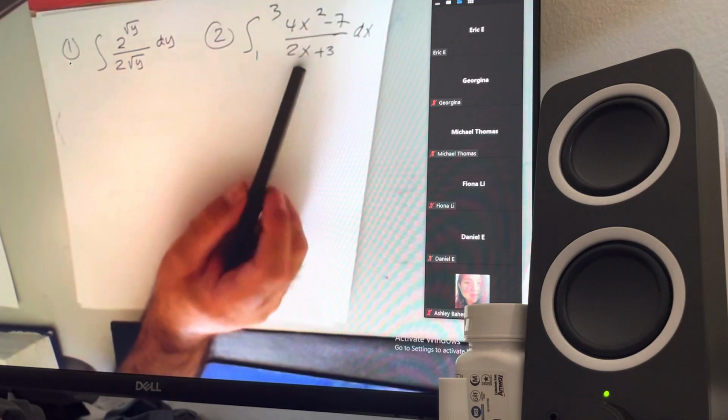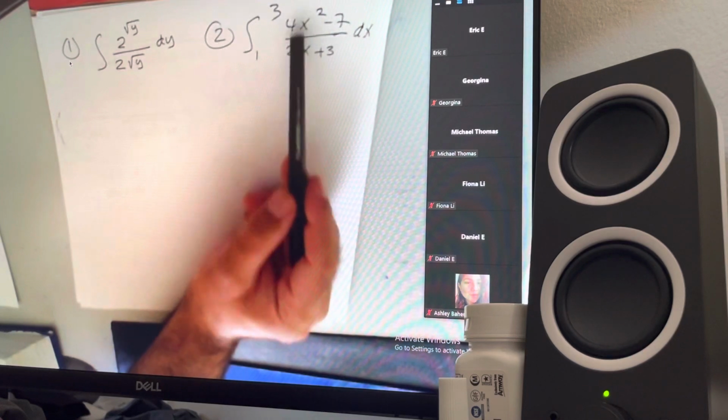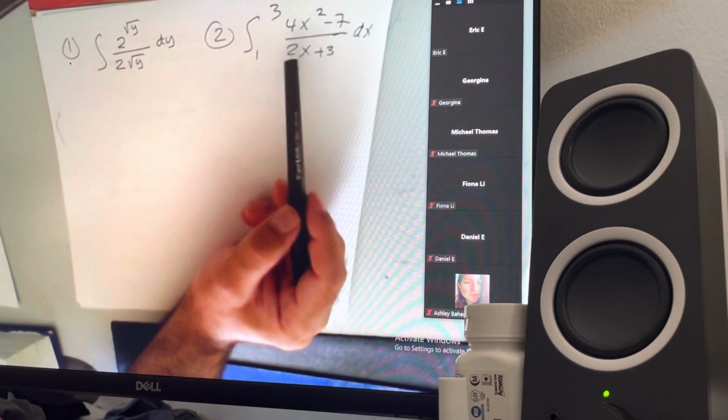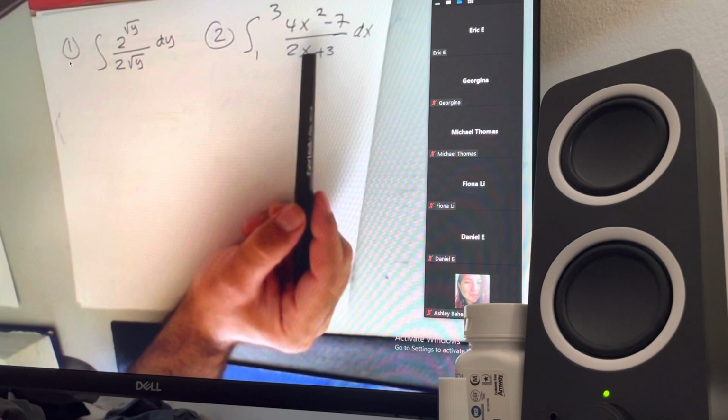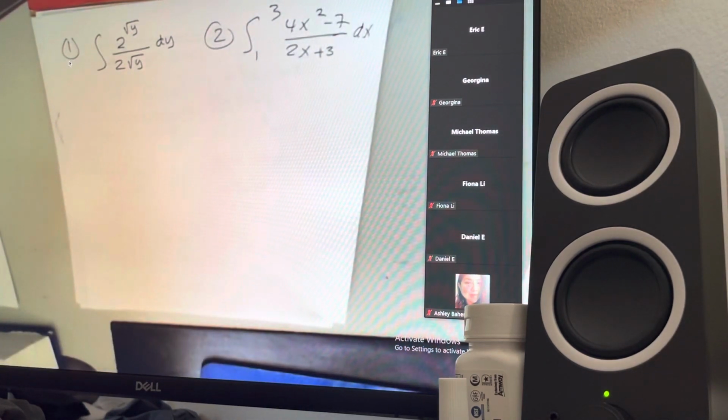One thing, this is the formula number 5. For this one, you have to use long division. Remember, if the powers are exactly the same, use long division. If the power of the numerator is only 1 degree higher, then you also use long division.